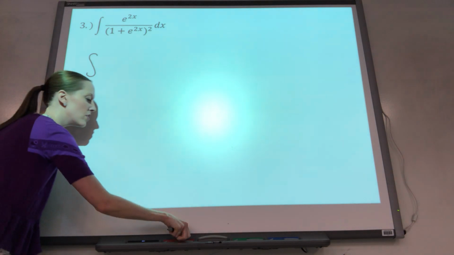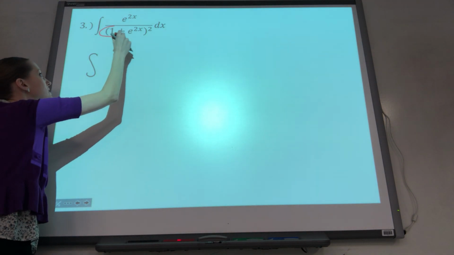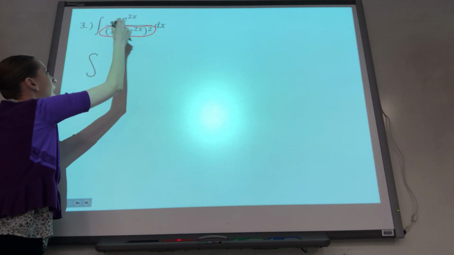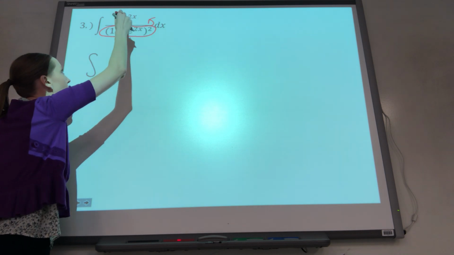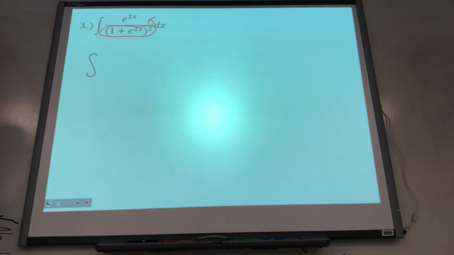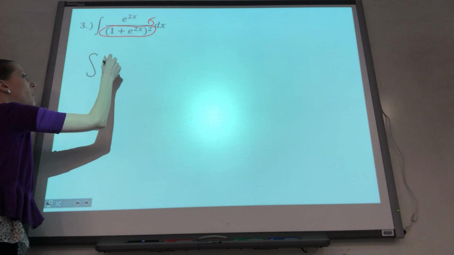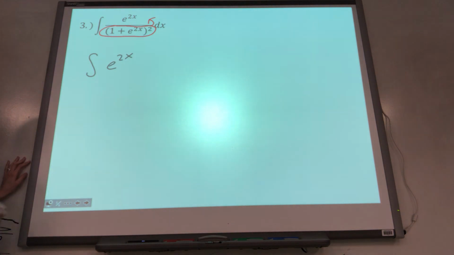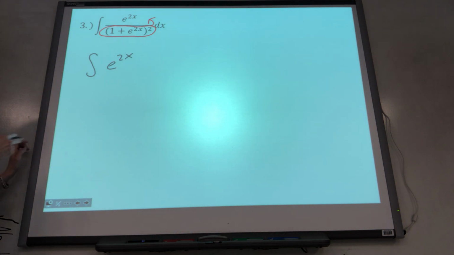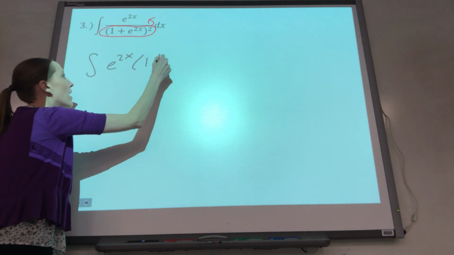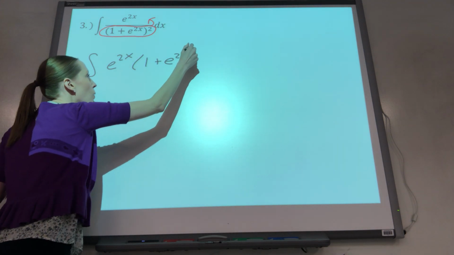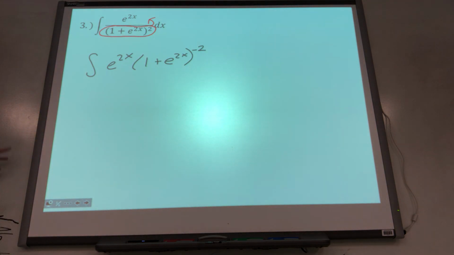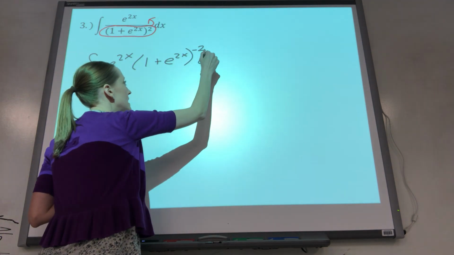So I'm going to take this quantity and move it up so that it's not a fraction anymore. So e to the 2x, you can just put that out front if you want. And when I move up that quantity, now it's to the -2nd power dx.